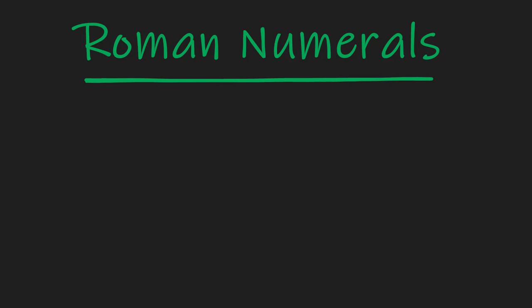And there are 7 basic symbols, which are I, V, L, X, C, D, and M. So these are the basic symbols in the Roman numerals.